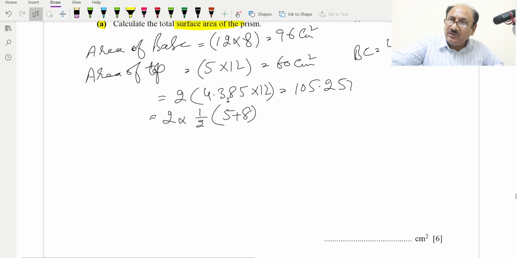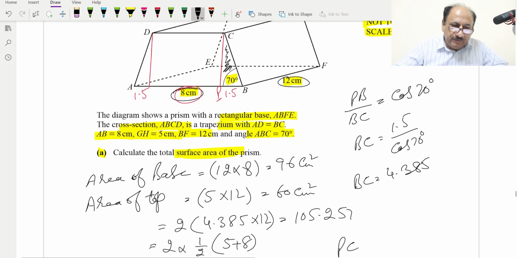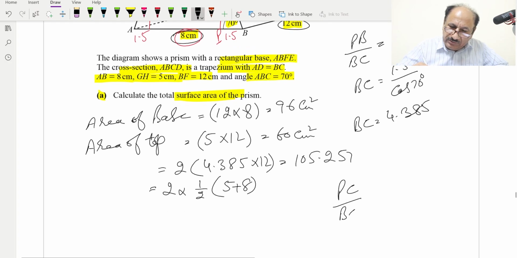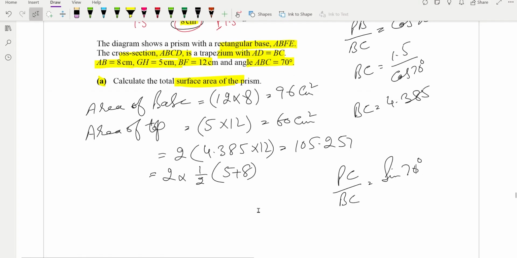If we see the triangle, PC over BC will be equal to sine of 70 degrees, and BC is 4.385, so PC is equal to 4.385 and sine of 70 degrees multiplied by this.